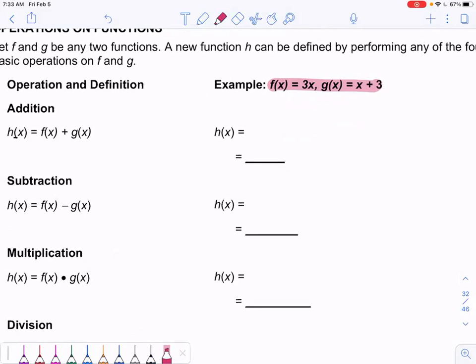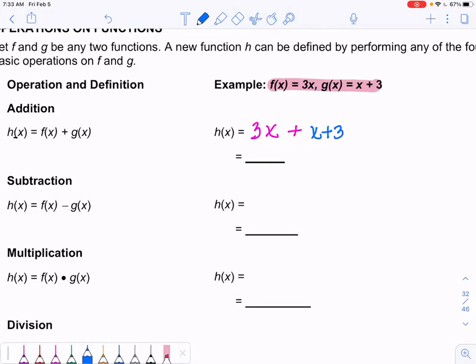And that says my function h of x can be found by taking f of x plus g of x. So if I want to find this new function, literally I'm taking the equation for f of x and the equation for g of x, and you add them together because it says it's the addition of two functions.